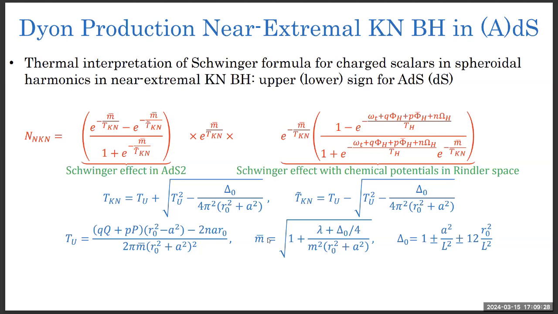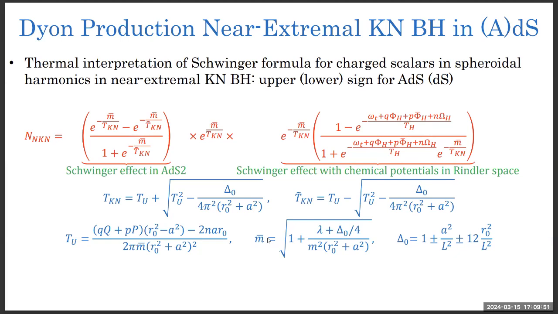So for the zero Hawking temperature extremal case, all these terms go to zero. Now this cancels, and you have only the Schwinger effect in AdS2. That is the case for the extremal Kerr-Newman black hole in dS and AdS.